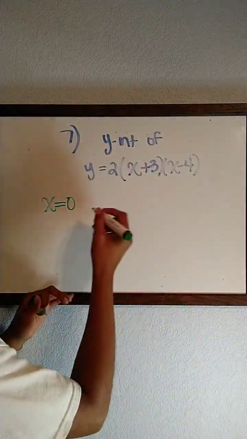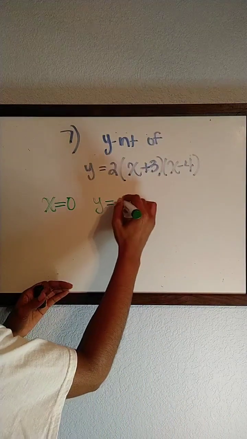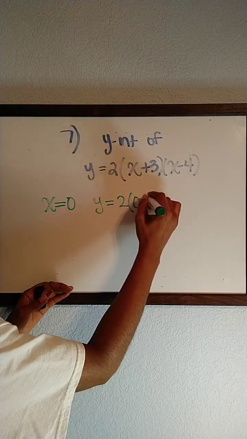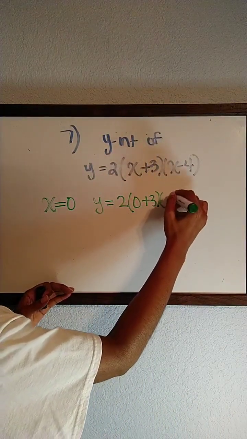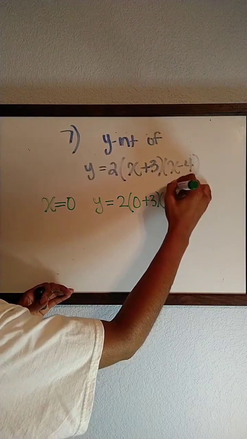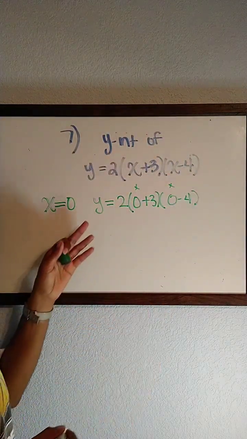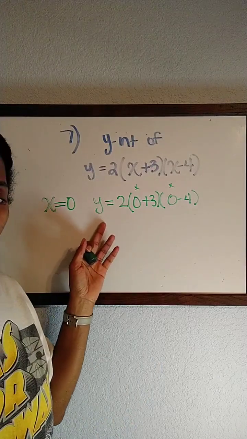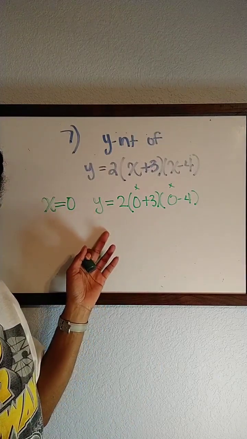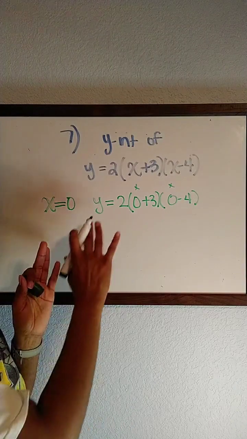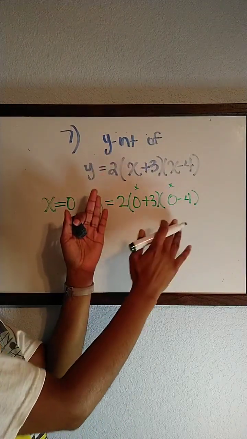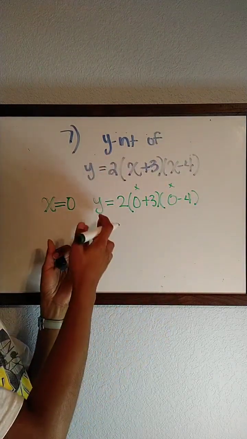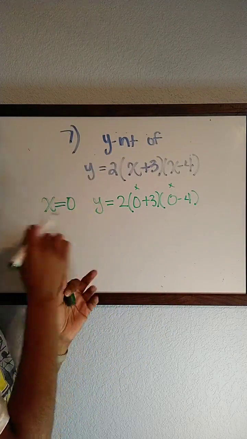So we have y is equal to 2 times 0 plus 3 times 0 minus 4. I want to know how the graph acts when I make x equal 0. When all you have is numbers on this side, you solve and it gives you what y is equal to.